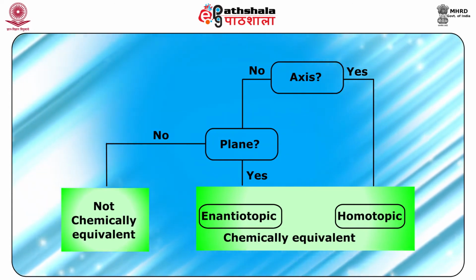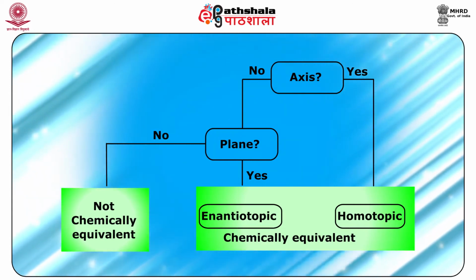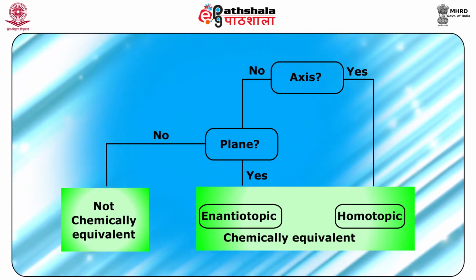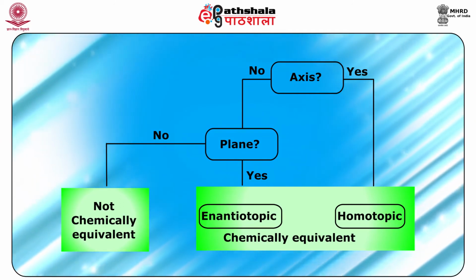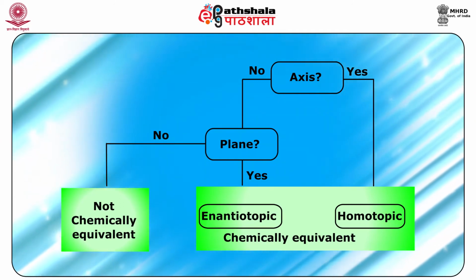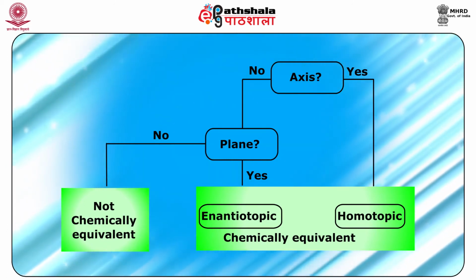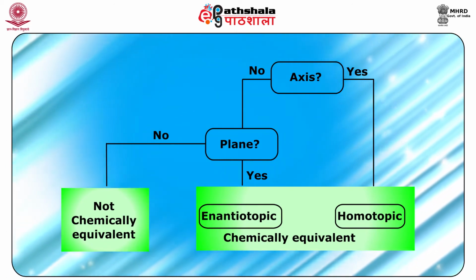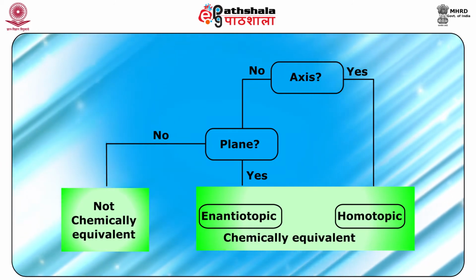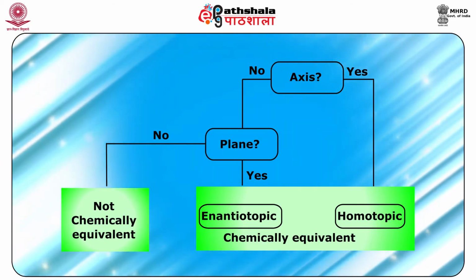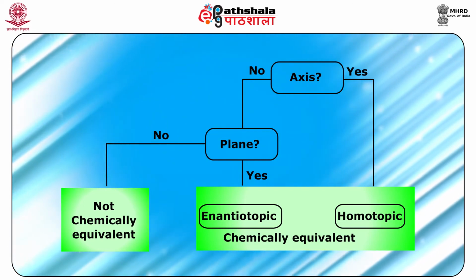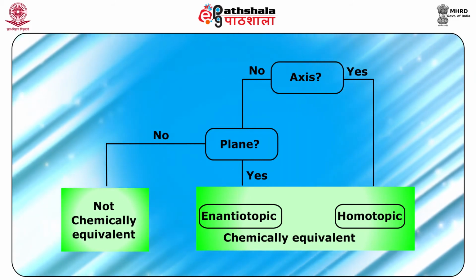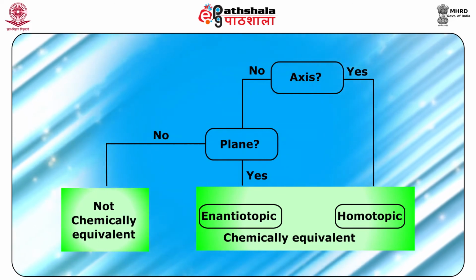If the protons cannot be interchanged by rotation, then look for reflectional symmetry. If there is a plane of symmetry, then the protons are enantiotopic. Now, by following this particular table and flow chart, you can see whether the protons are homotopic, enantiotopic or diastereotopic, and decide on your own whether it has a reflectional symmetry or rotational axis of symmetry, and you can decide which proton is homotopic, enantiotopic and diastereotopic.